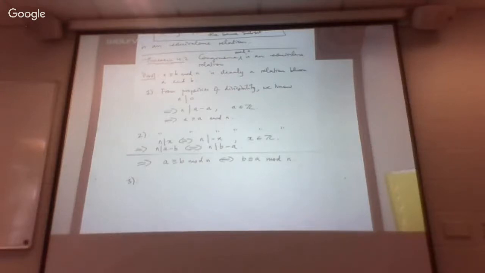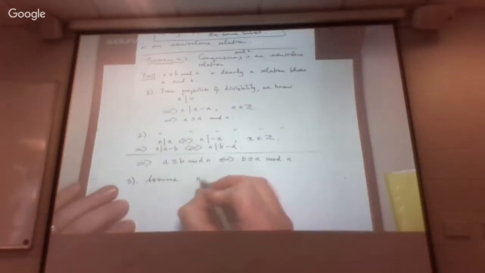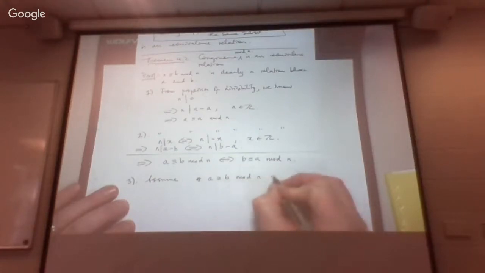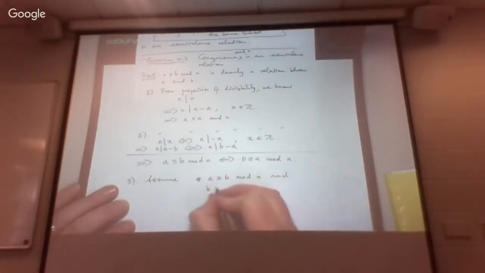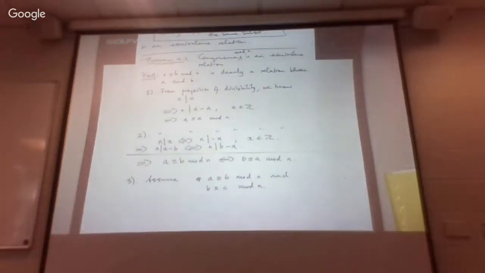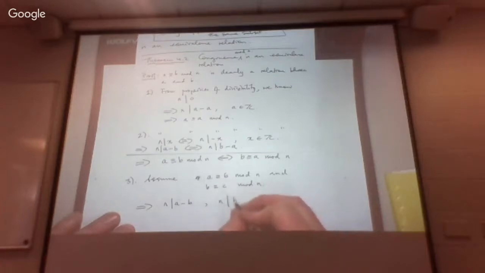The last part is transitive. So for transitive, we should begin by assuming that a is congruent to b mod n and b is congruent to c mod n. Well, that means n divides the difference a minus b, and it also divides the difference b minus c.